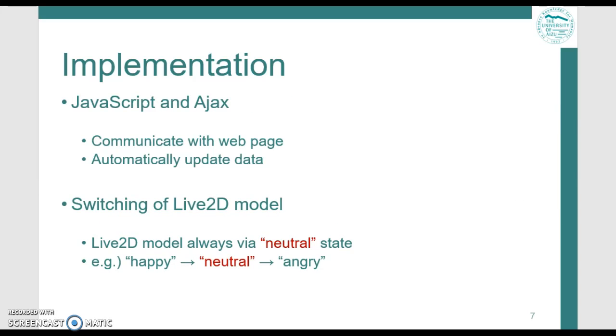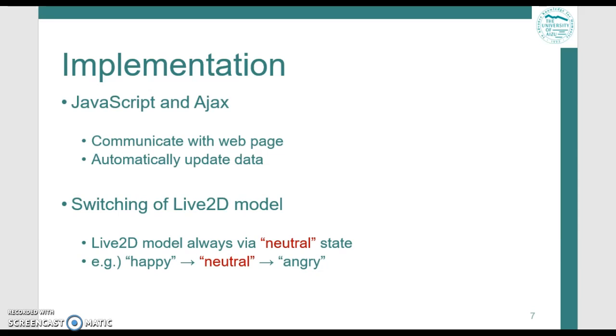Next, he implemented JavaScript and AJAX. These can communicate with the web page and can be performed automatically to update data. After that, he implemented switching of the Live2D model.